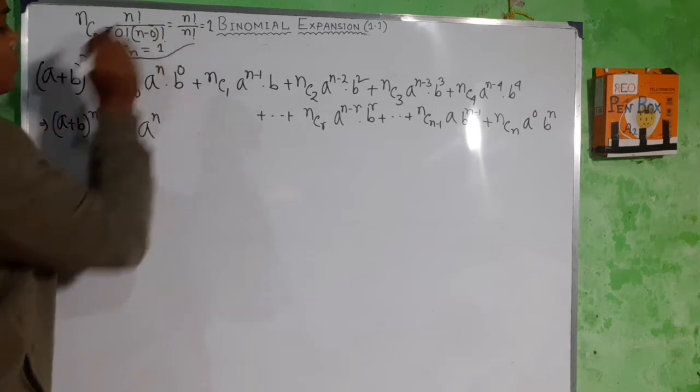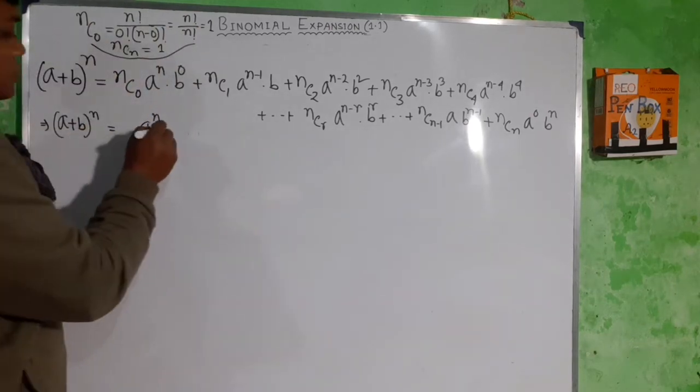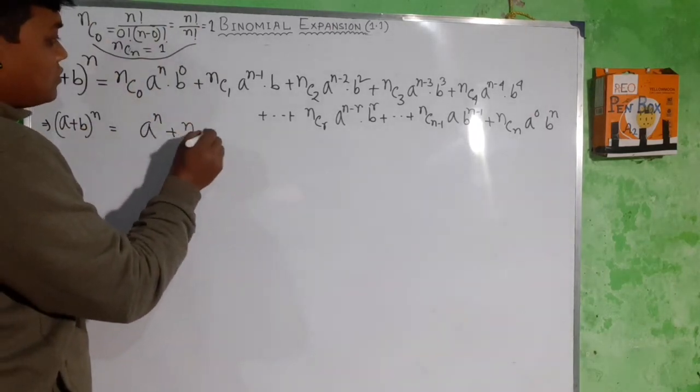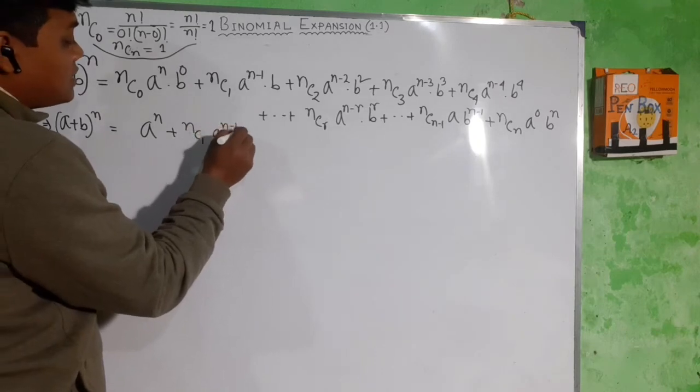Okay, so this is the trivial result. So nC1 a to the power n minus 1 into b.